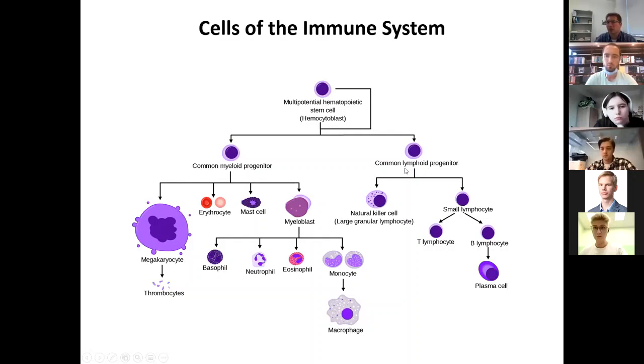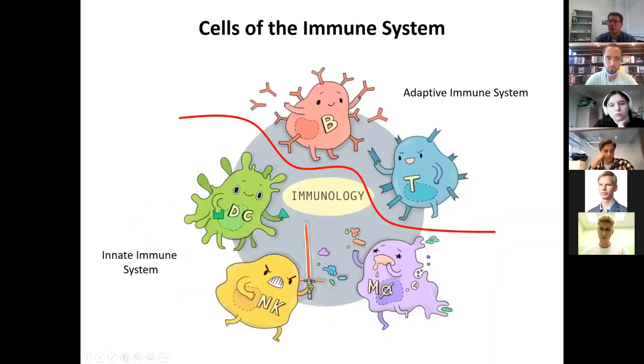So oftentimes in immunology, T cells and B cells are referred to as lymphoid cells, and the other ones are referred to as myeloid cells, macrophages and dendritic cells, for example.